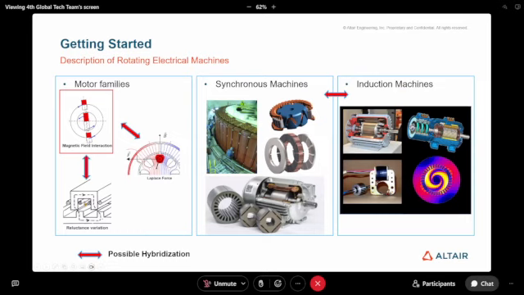You can find a claw pole machine, axial flux machine, and the well-known permanent magnet machine. And once again, there is as well the synchronous reluctance machine and what we can call the synchronous reluctance machine assisted by permanent magnet. And in induction machines, you will have a squirrel cage induction machine, wound rotor induction machine, massive rotor induction machine, and single phase induction machine.